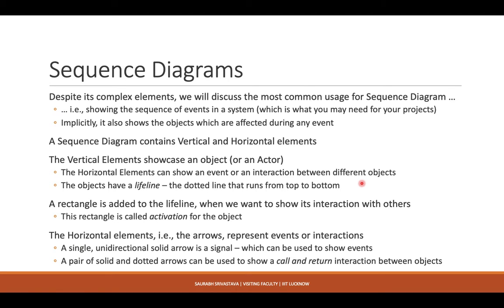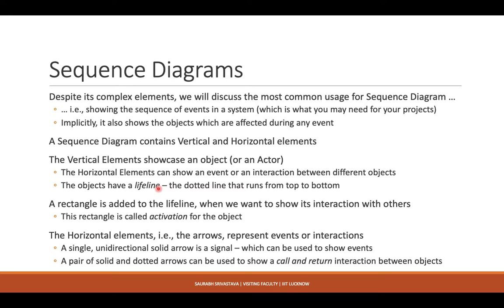These dotted lines are known as lifelines. Okay, so lifelines basically are a way to show that in this particular system, this is the timeline, right? So the top means this is where the system starts executing, and the bottom means that this is where the system's execution ends. Of course, when I say ends, it doesn't really mean that the system has been decommissioned.